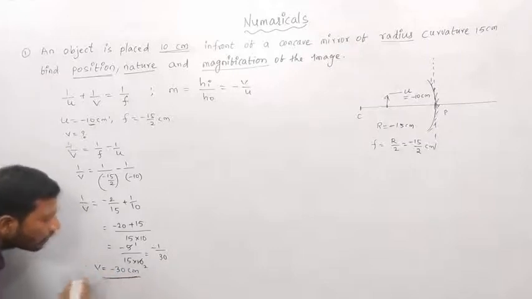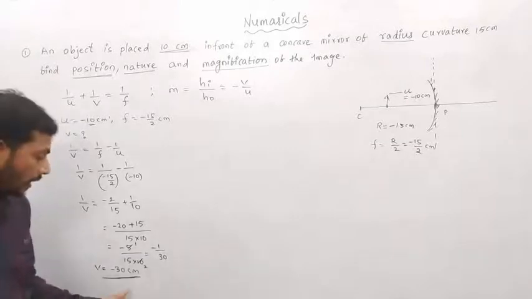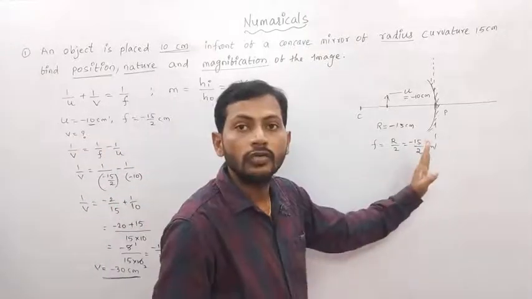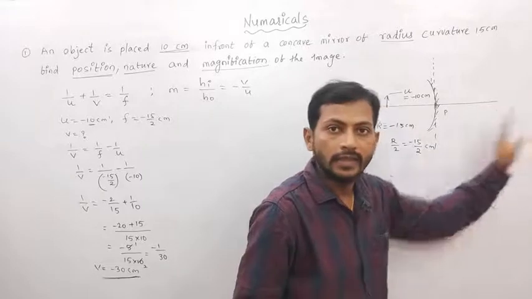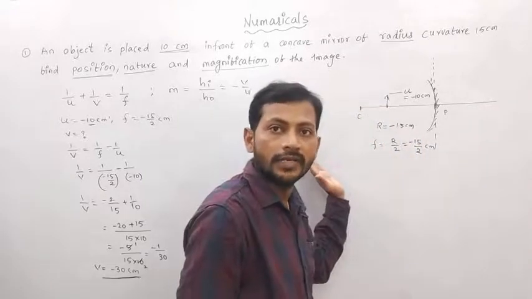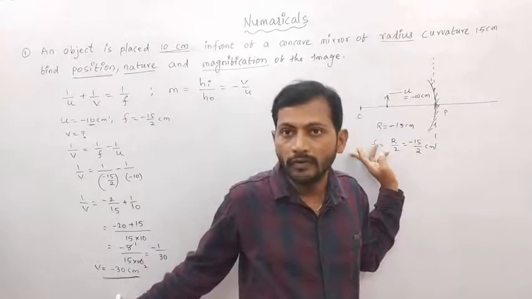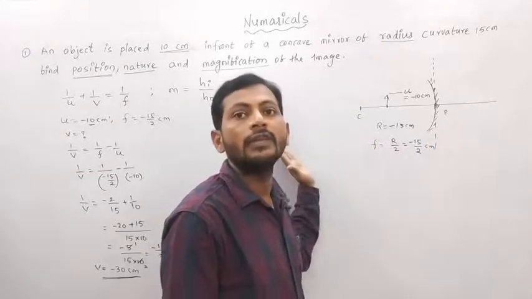What is meant by v equals minus 30 centimeter? Minus means, which side? I am going to say, sir, minus means this is the right side, plus this is the left side. That's why, if you observe clearly, v equals minus 30, the image is in front of the mirror.